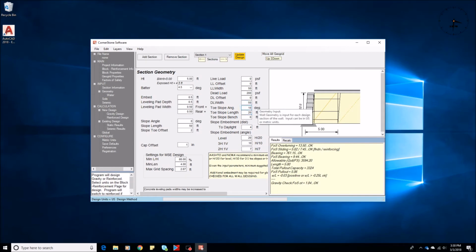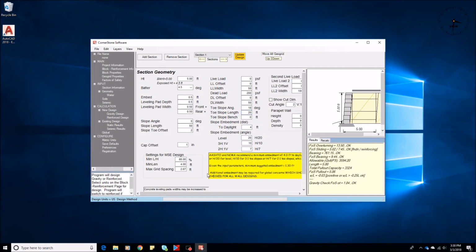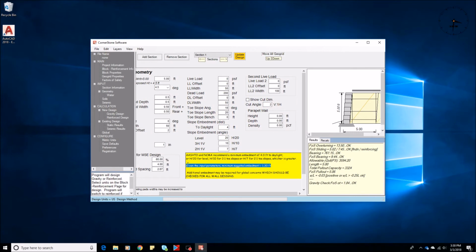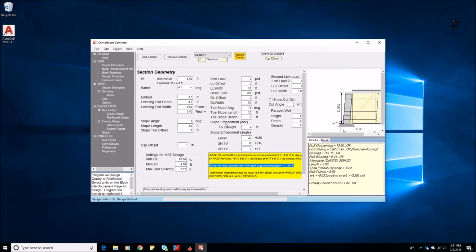Once I put a toe slope in, I pop out of it, it's just a warning that you don't meet the requirement. The suggested embedment for that wall is 1.3 feet. Given that toe slope, given the wall height, to meet this embedment down here, which would be a 2-to-1, h over 7 says you need 1.3 feet. So just a hint down here that maybe we need to look at this, maybe we need to adjust those.